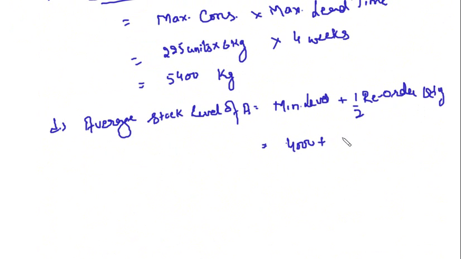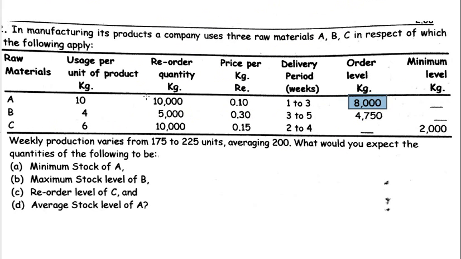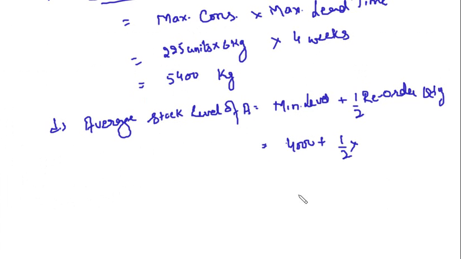4000 plus half of, what is the reorder quantity? Reorder quantity is 10,000 units. We'll take the average of this 10,000. Right? So this comes to 9,000 kg. Clear, friends?